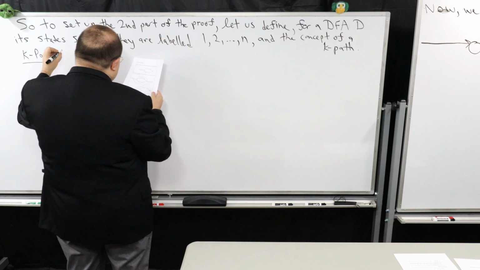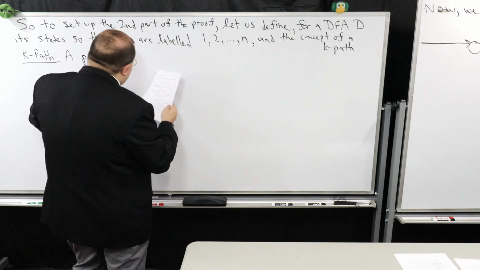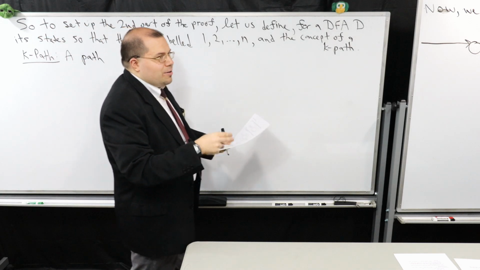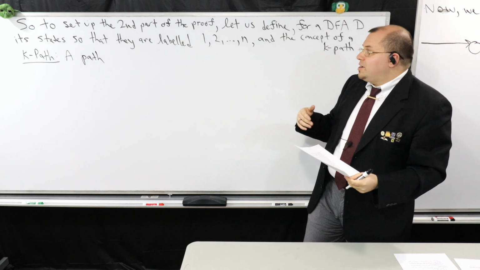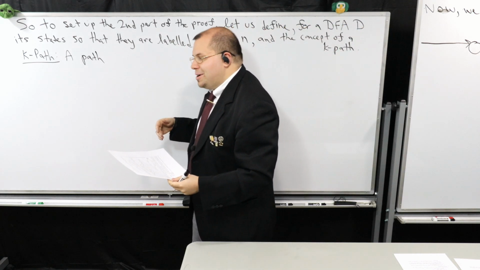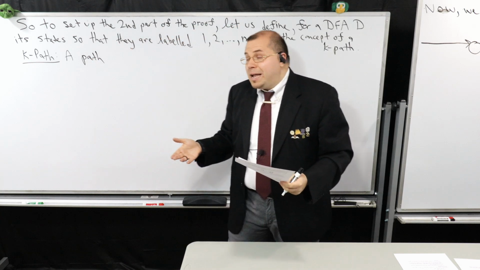So here's the definition of a k-path. It's very simple. It's a path. Now, when I say a path, I'm not referring to a simple path. You're allowed to repeat vertices or nodes, whatever you'd like to call them, in this path. So I'm allowed to revisit the same ones over again. You might know this as a walk.